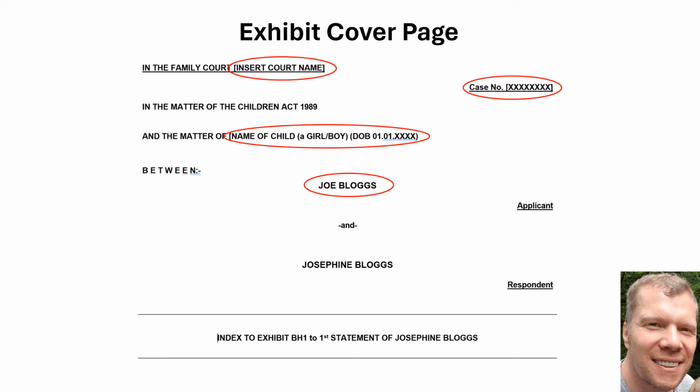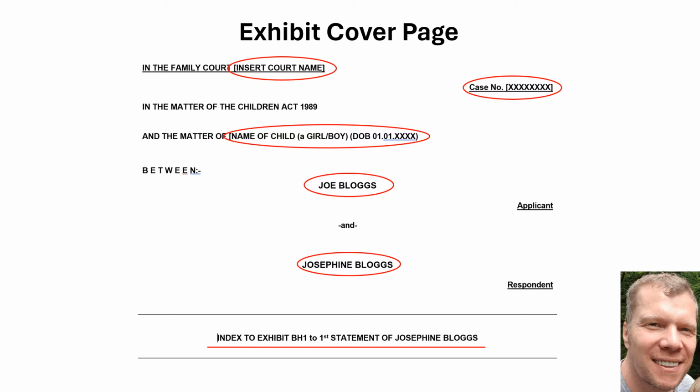And then you put in the name of the applicant, so that could be you or it could be the other side. And you put in the name of the respondent, and again, that could be you or the other side. And then you would put in here what the document is.